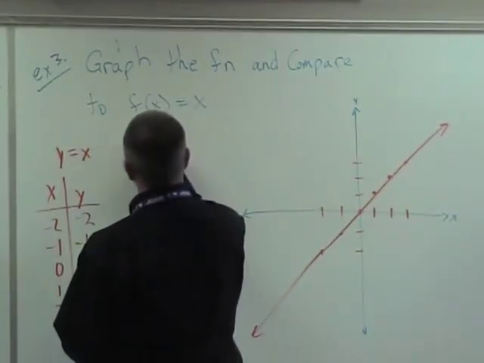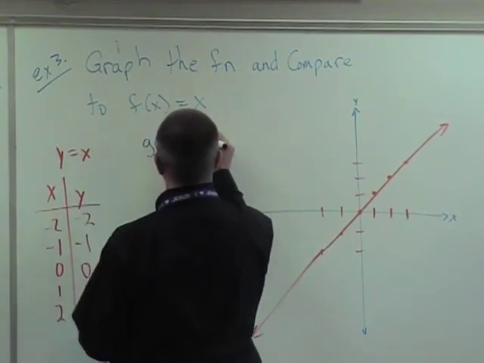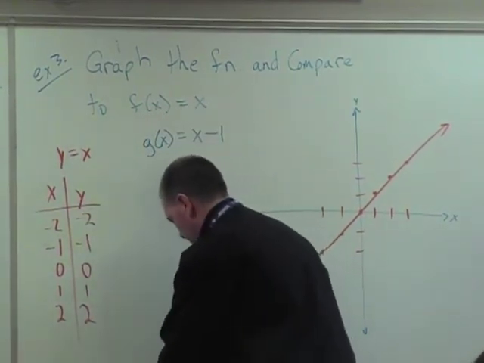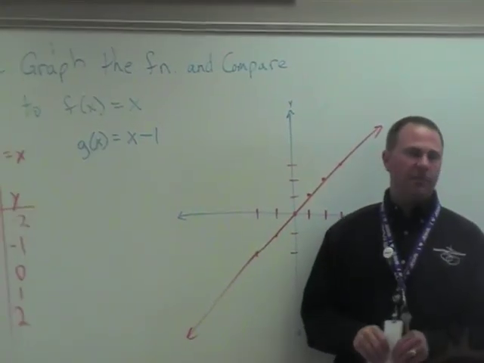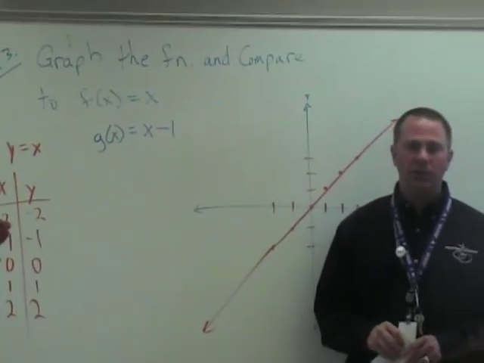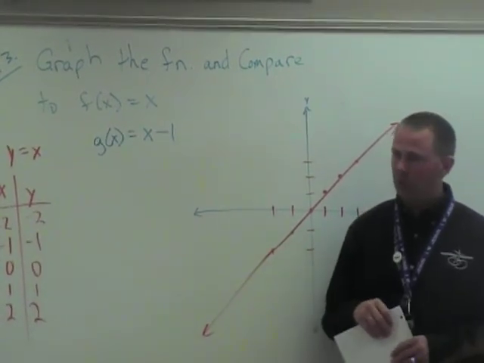So let's look at the function and see what we get. Here's your first function, g of x equals x minus 1. Considering we've done slope-intercept form, quickly tell me how to graph this without using an xy chart. If you need to use an xy chart, then do so.